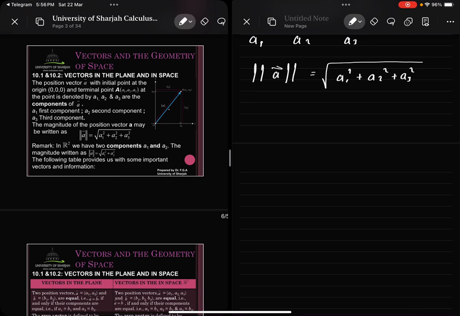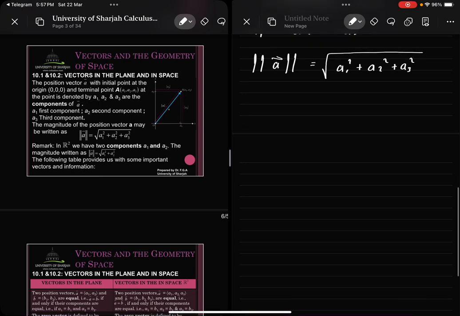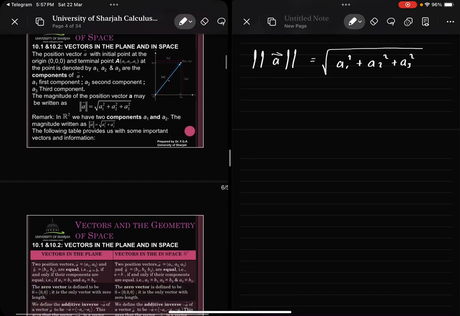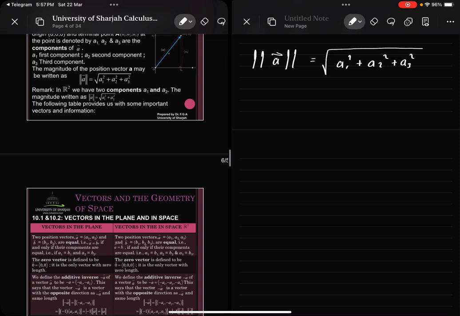Always, if we have a negative result, it will be positive because it is the magnitude, like the absolute value of the result, so it will always be positive. Remark: in R squared we have two components, A1 and A2, and the magnitude will be the same thing, but with two components only.